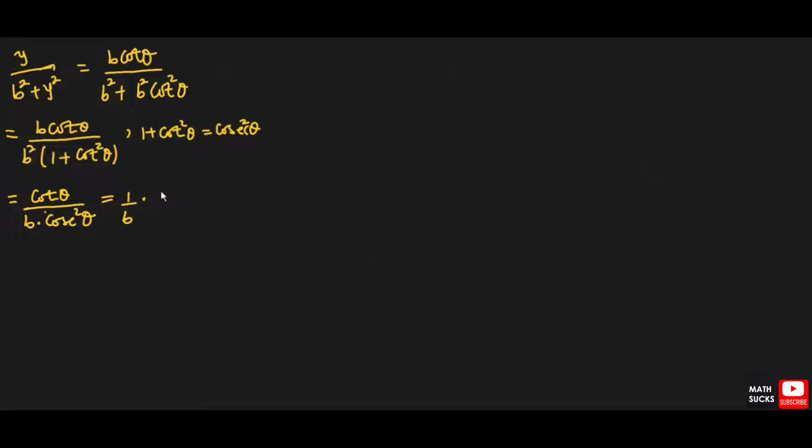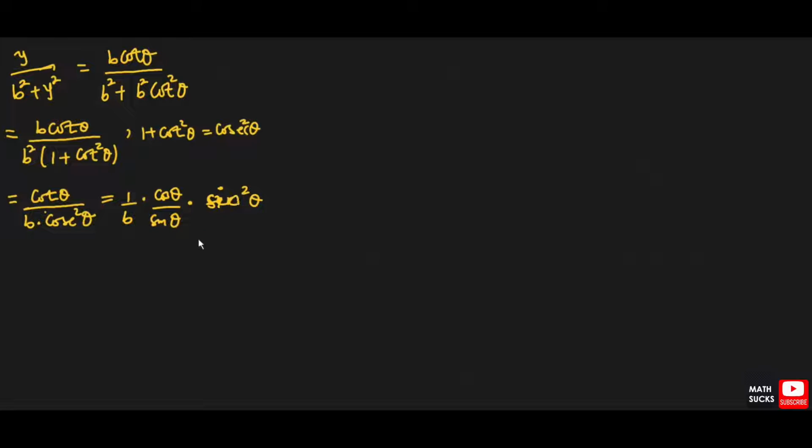Let's express everything in terms of sine and cos. So we have 1 over b times cot, which is the same as cos of theta over sine of theta, times 1 over cosec squared, which basically goes to sine squared of theta.